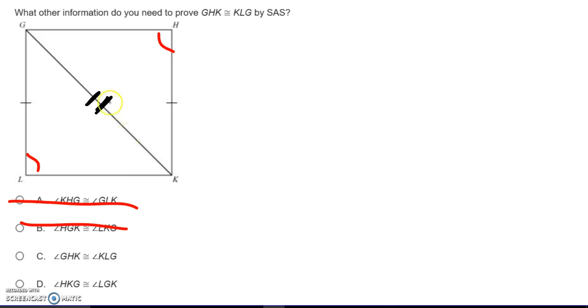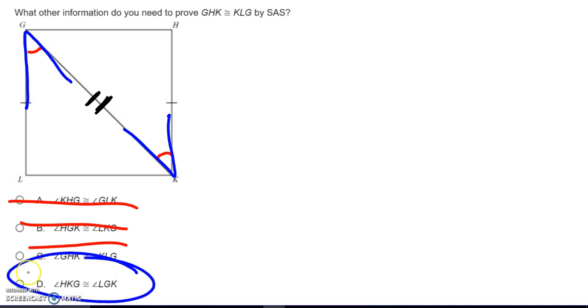Again, not the included angle, which doesn't help. So obviously, HKG, which is this angle, and LGK, which is that angle, is the included angle to the two sides that are congruent to each other. Therefore, this would be my answer.